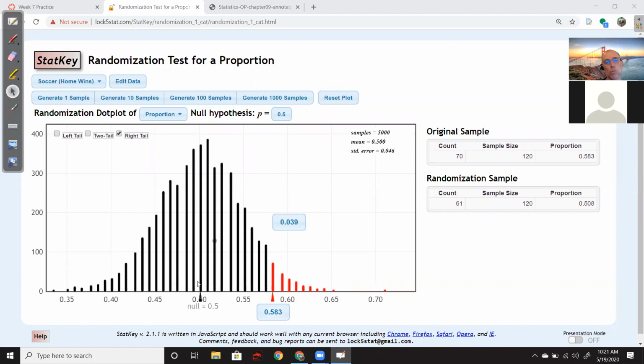Okay. So assuming that the home team doesn't have an advantage, there's a 3.9% chance we'll find other samples of 120 home games where the home team won more than 58.3% of the time. I know that's a mouthful, but that's a conditional probability that we were talking about a couple weeks ago.